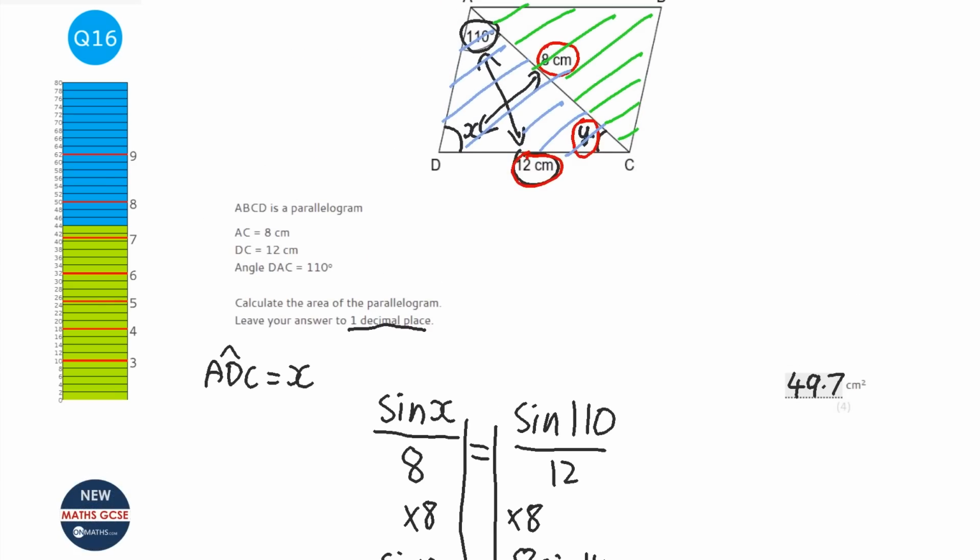That's why you must show your working out, because if you got, say, 49.8 or something, and you can show that you've done all of the steps and that you were slightly off because you rounded some of your working out, you might get full marks, but you would get at least all but 1 mark for the question.